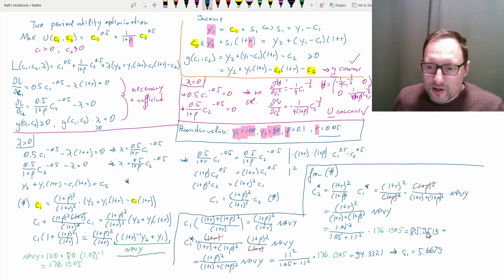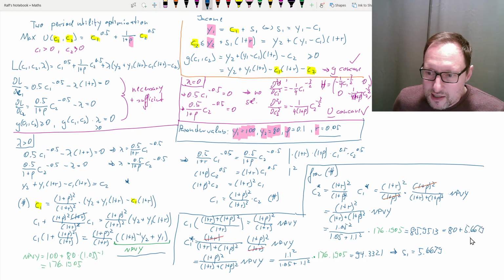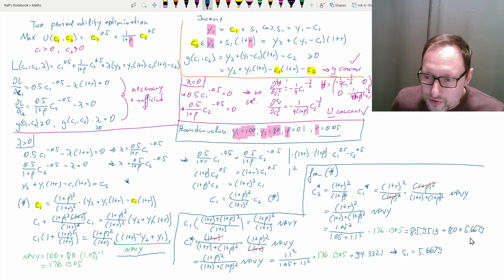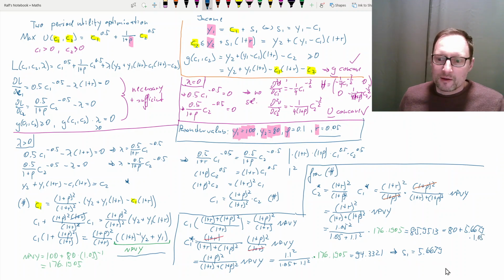So that 85.9513 is the income you earn in period 2 plus the saving 5.6679 times 1 plus the interest rate, which is of course times 1.05.